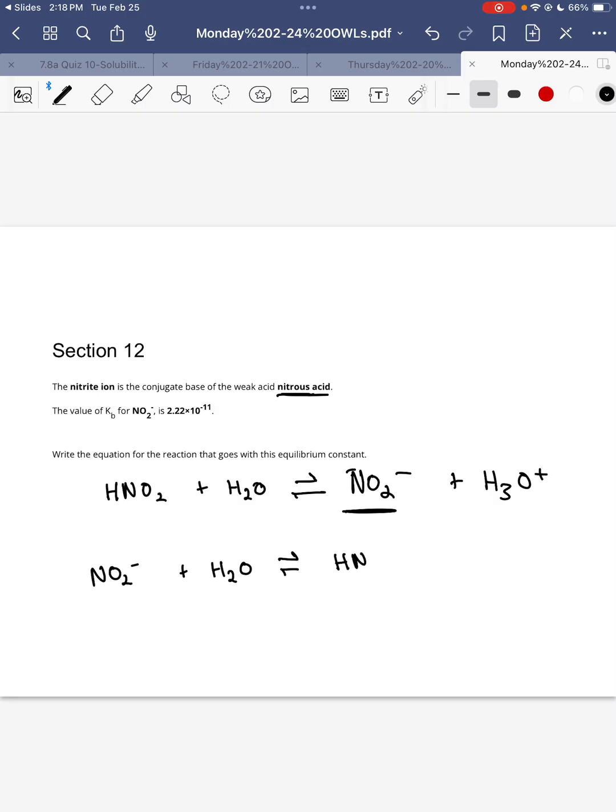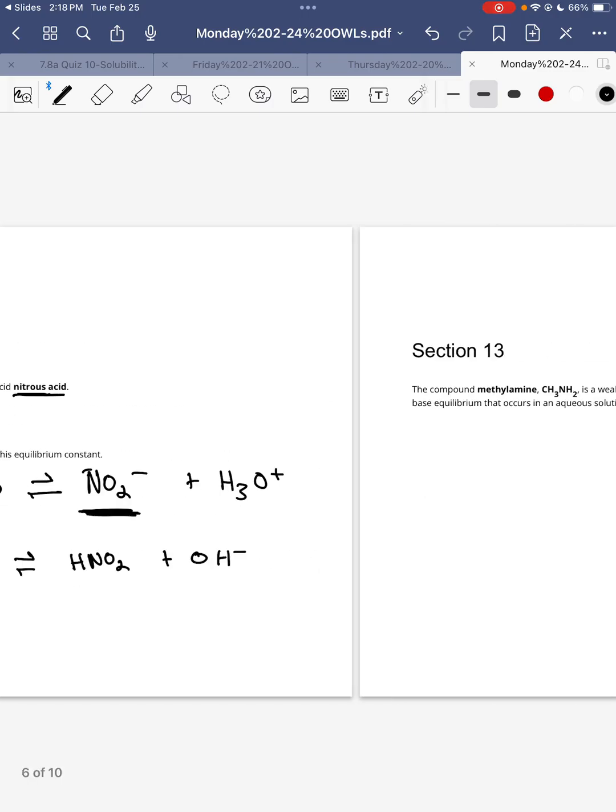And it's going to kind of go back and form OH minus. Okay, so this is my reaction for my equation that goes with the equilibrium constant associated with NO2 minus. I really didn't have to write that first part, but I chose to.